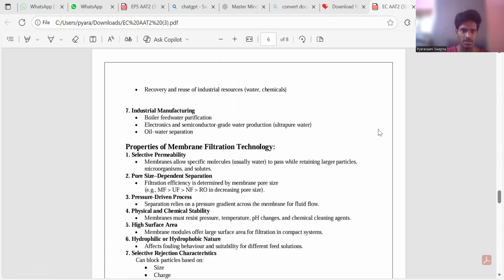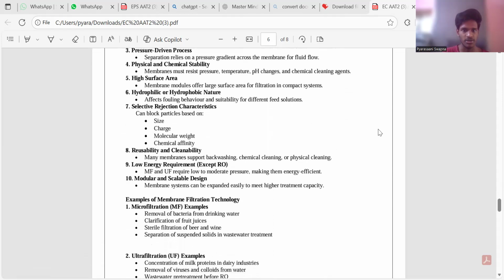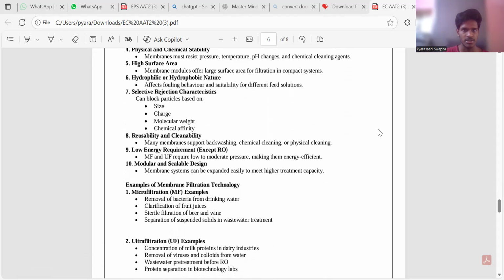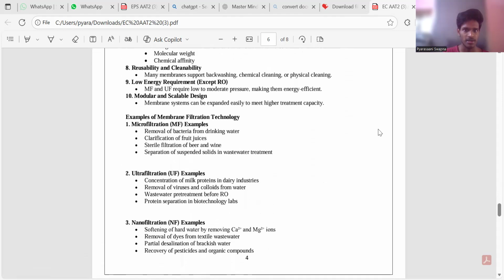Physical and chemical stability: membranes must resist pressure, temperature, pH changes, and chemical cleaning agents. High surface area: membrane modules offer large surface area for filtration in compact systems. Hydrophilic and hydrophobic nature affects flow behavior and stability for different feed solutions. Selective rejection characteristics: can block particles based on size, charge, molecular weight, and chemical affinity.